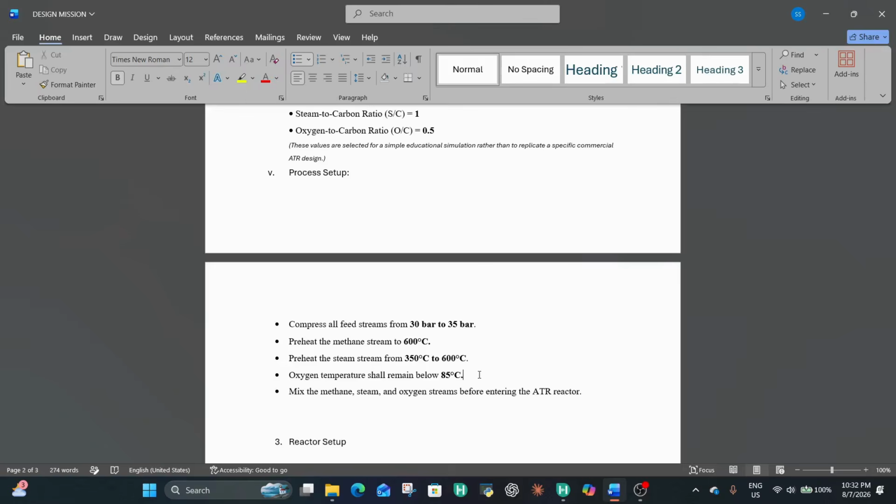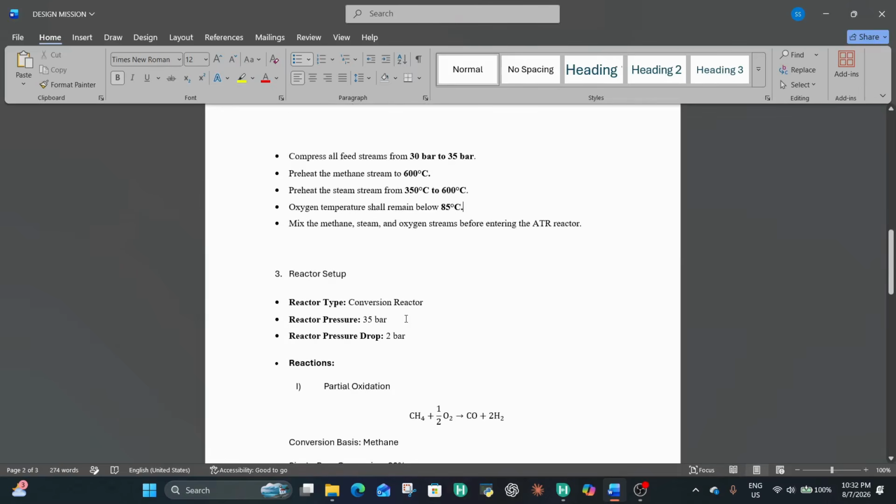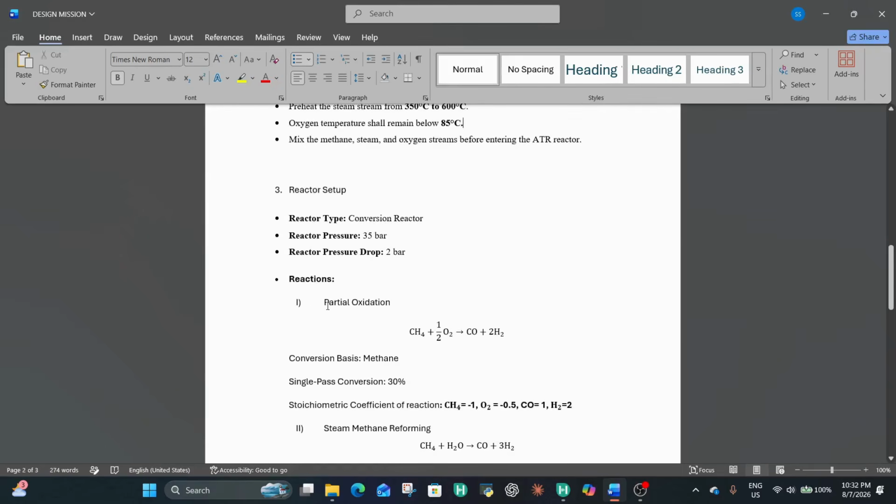Now, our reactor setup: we're using a conversion reactor, pressure is our entry pressure, 35 bar, reactor pressure drop 2 bar, and for our reactions, our partial oxidation reaction, this is what it looks like. The reason why partial oxidation is our go-to energy source in an ATR is because the partial oxidation reaction, using methane and oxygen for combustion to generate energy, is highly exothermic.